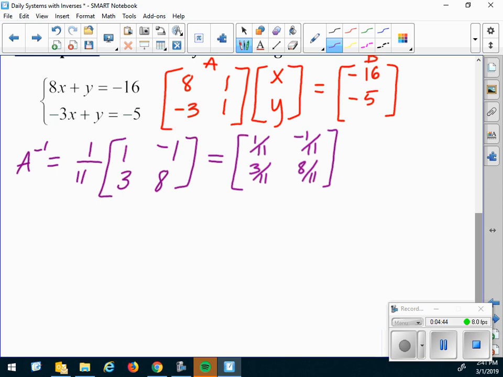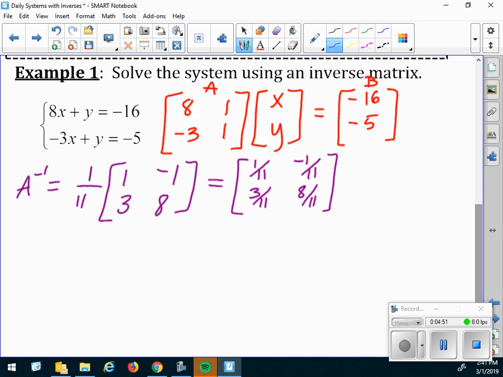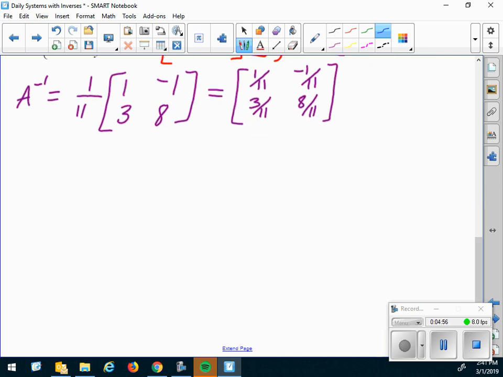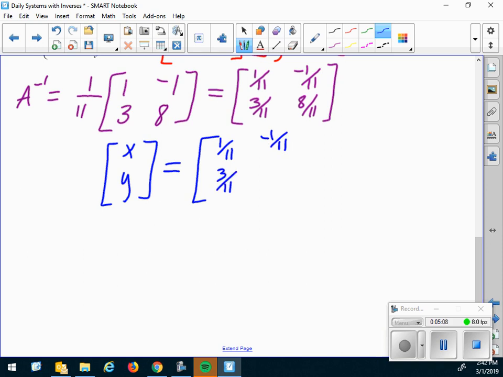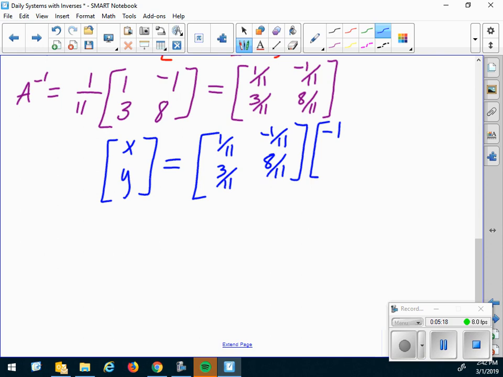What am I going to do with that matrix? Multiply it by matrix B. Now, how do you want me to write this, Stennett? I want you to write it like this. I want you to write XY equals 1/11 times -16, -5.